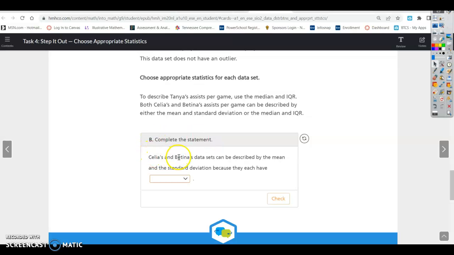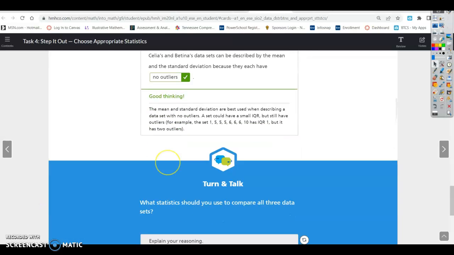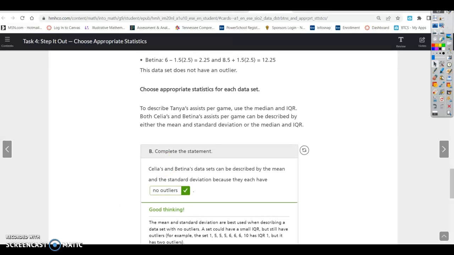So Celia's and Bettina's data sets can be described by the mean and the standard deviation because they each have no outliers. All right, that's all for task 4. If you have any questions, let me know.